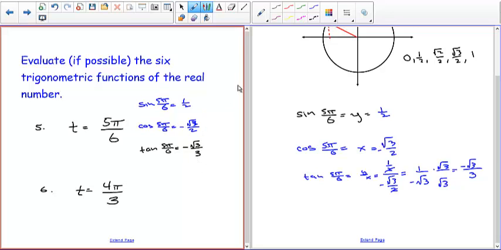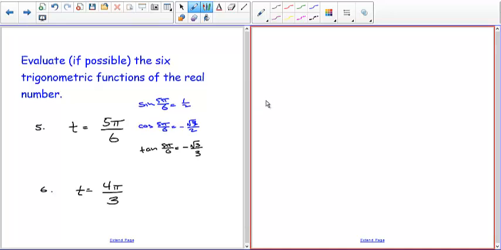And then the other ones are just the reciprocal. So we know that the cosecant of x is 1 over y, because the cosecant is the one that's opposite the sine. So you get 1 over 1/2, which is 2.